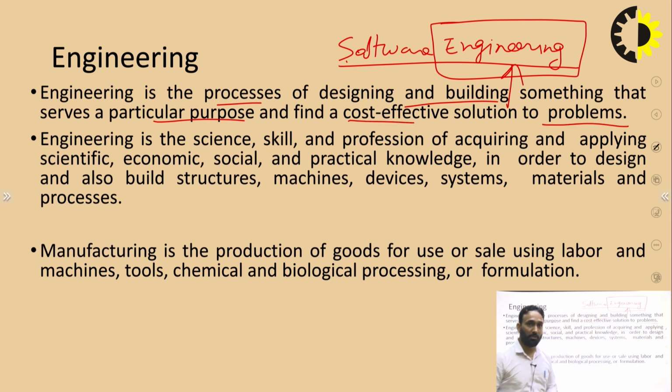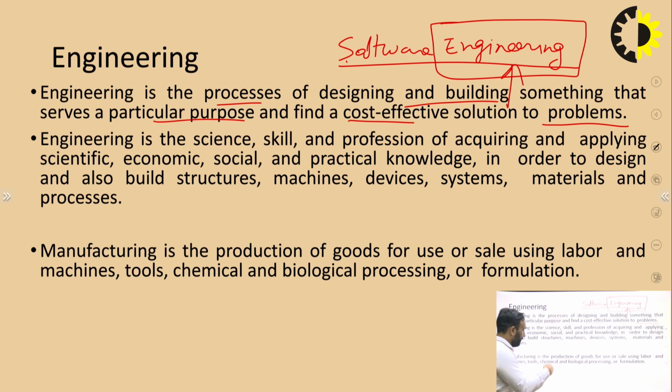If we have a problem and we provide a solution that is cost effective and sorts out all the issues relevant to the current problem, then the methodology we apply to solve the problem is relevant to engineering, or we can say we are using engineering terminologies.